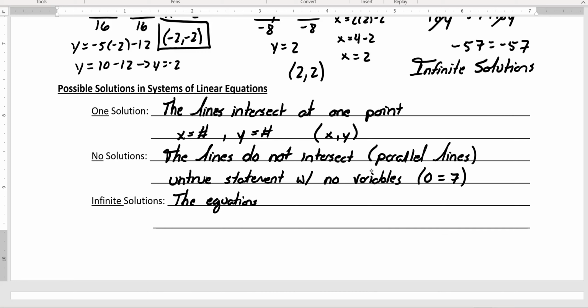Now, infinite solutions would mean the equations represent the same line. So this is like our situation that we had with letter C up above.